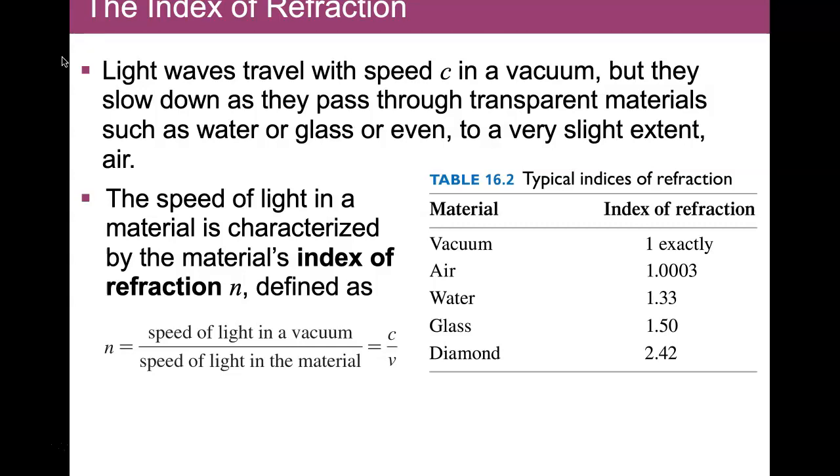Diamond has a much higher, it's 2.42. And water is 1.33. So that's, for example, a reason why diamonds can shine and sparkle that much, because if you have a higher index of refraction, as we will see later when we talk about optics, that material is capable of bending light more.